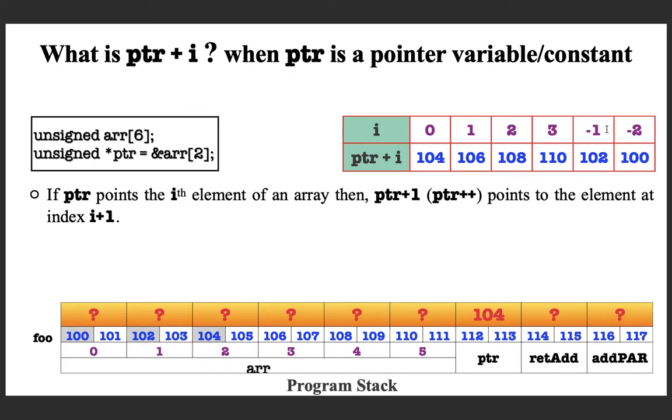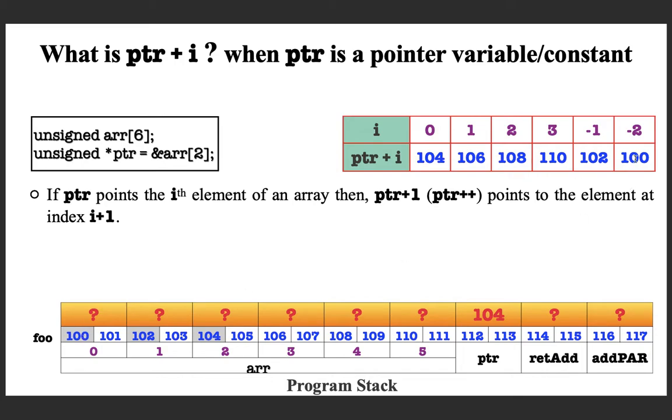If you look at PTR minus 1, you can see that PTR is pointing to the element at index 2, and minus 1 means this address, that is the element stored one position before the element at PTR. Similarly, PTR minus 2 is the element stored two elements before the current element of PTR, that is the address 100.